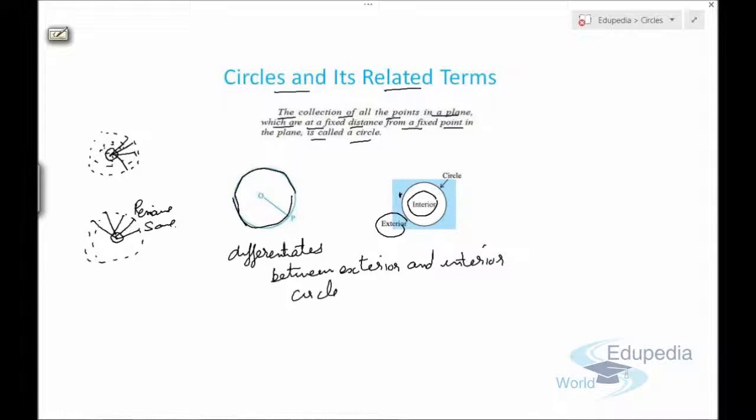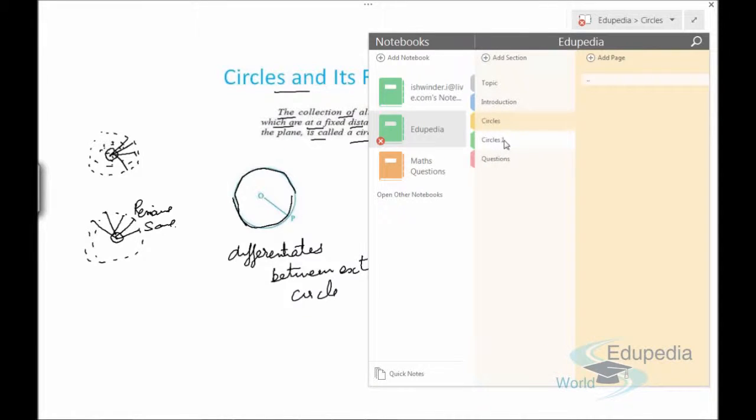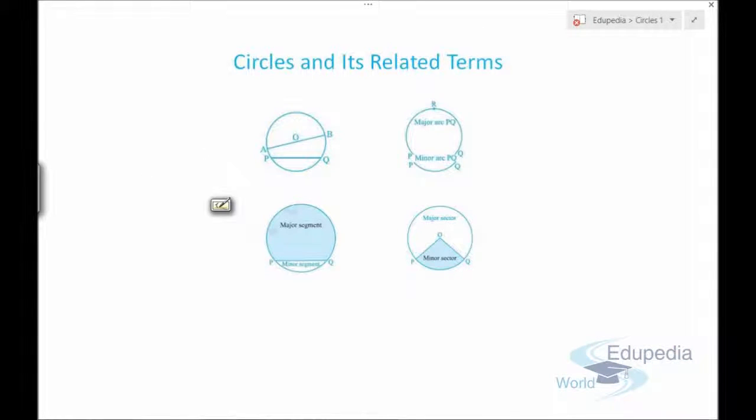Now let's learn more about some properties and terms related to circles. In a circle we come across various different terms. Let's first discuss the diameter. What is a diameter?